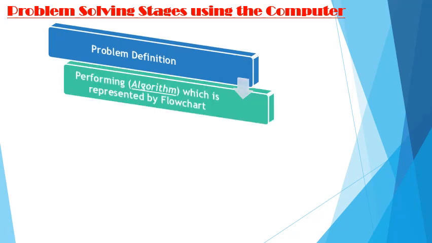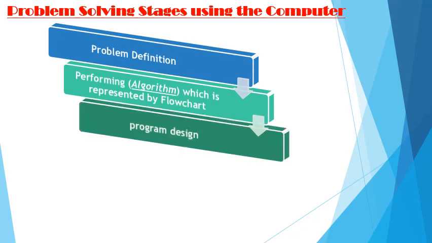Then we perform the algorithm. An algorithm is a group of logically ordered steps to reach our goal or the solution of the problem. And we said that we represent the algorithm, or these steps, by a diagram called a flowchart.